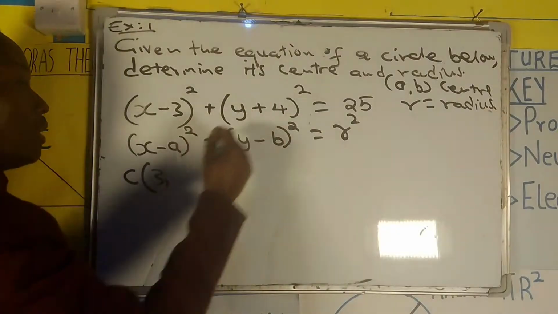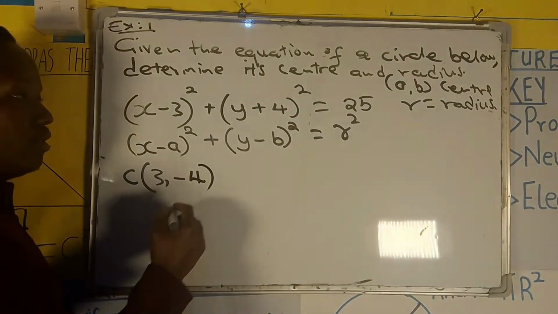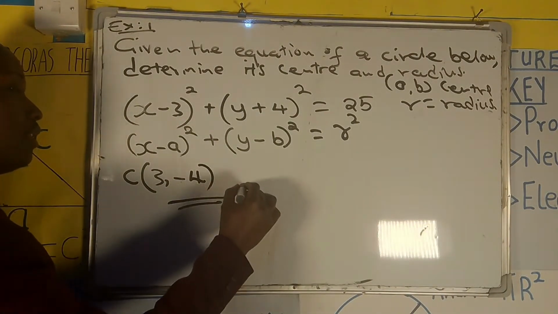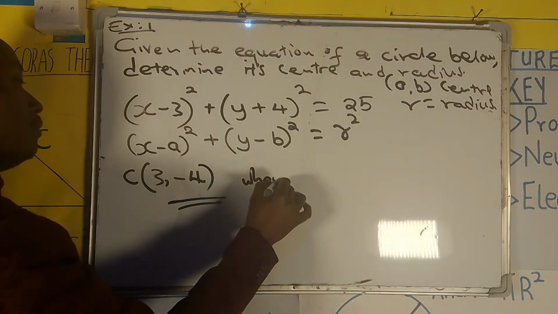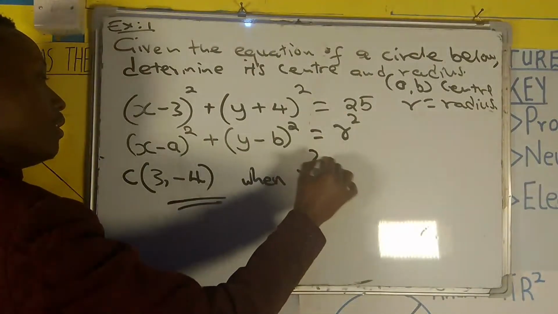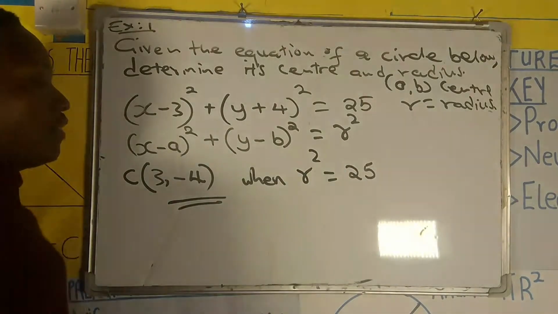So b must have been negative 4. That is the coordinates of the center, when r squared is equal to 25.